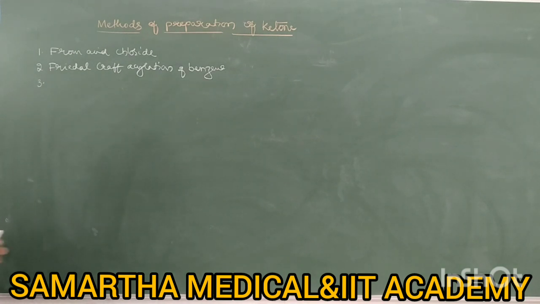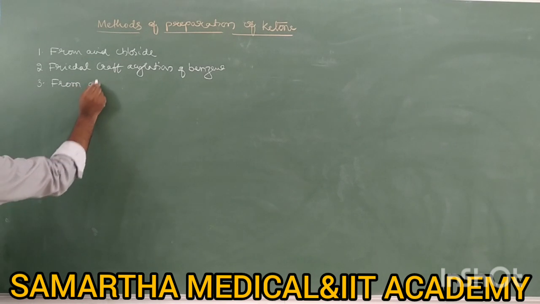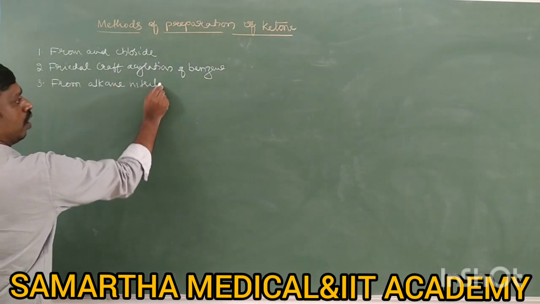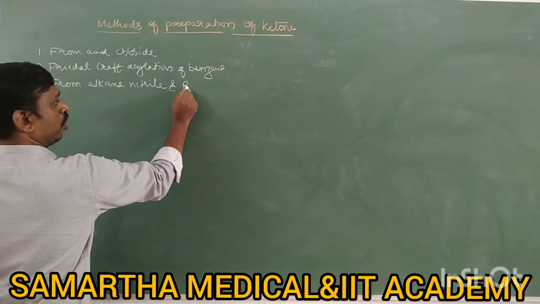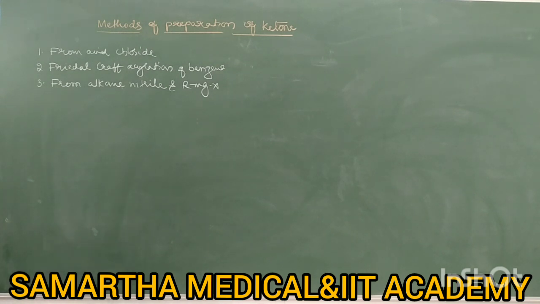And the third method of preparation is from alkane nitrile and RMgX, a Grignard reagent. So these are the three methods of preparation of ketones.